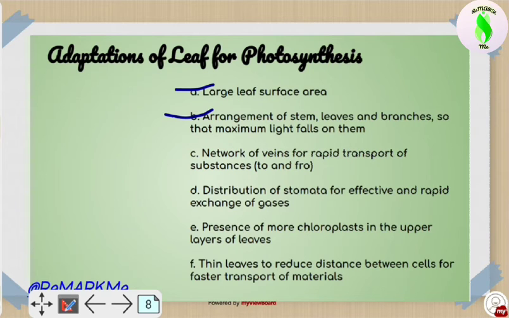The fourth point is distribution of stomata for effective and rapid exchange of gases. As we already understood what stomata are, they play a very important role in exchanging gases. In photosynthesis, in the second stage, the Calvin cycle, the chloroplast absorbs CO2. How does this CO2 come into the leaves, into the chloroplast?